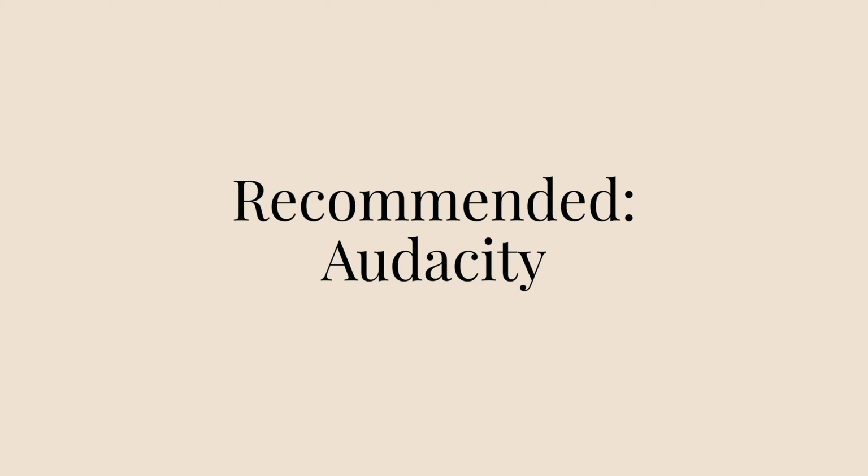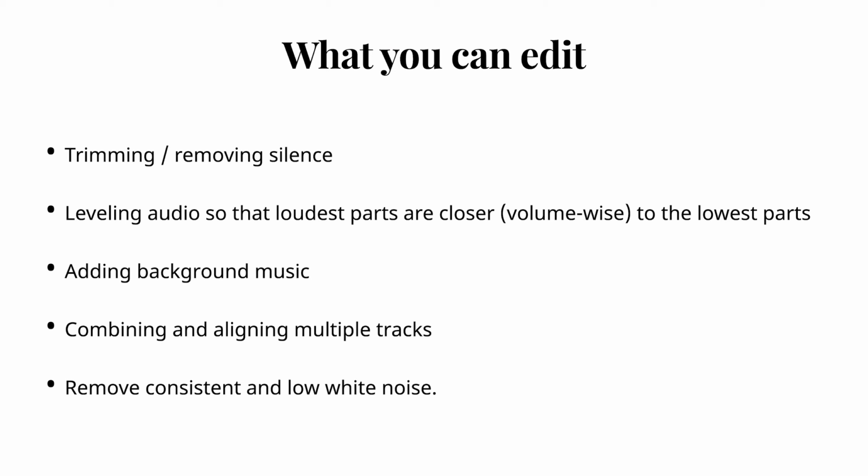So here are some things that you can edit. You can trim and remove silence. You can level audio so that the loudest parts are closer, volume-wise, to the lowest parts. That way you're not whispering or talking really low at some points and then screaming loudly into the microphone at other points, so that your listener doesn't hurt their ears.